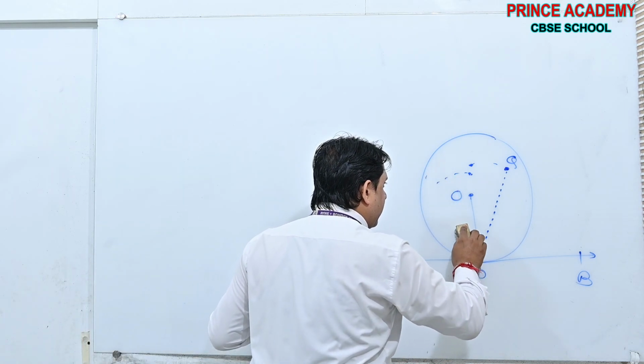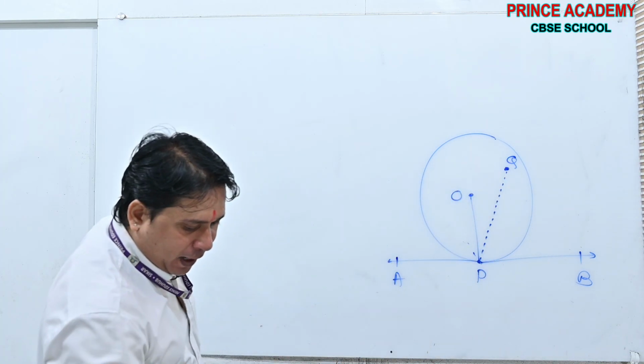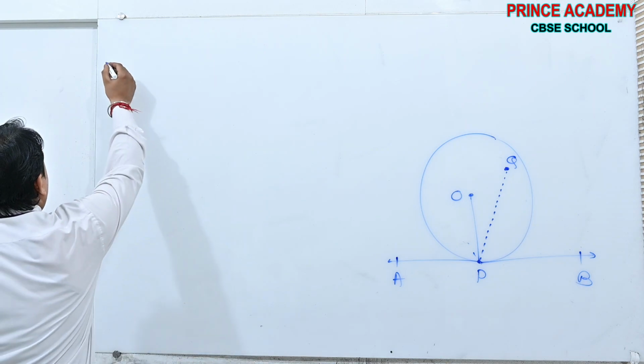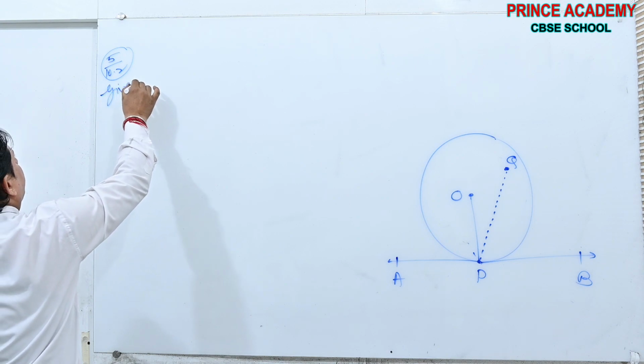Now see, what is the theorem given to prove? Then we will solve it. Question 5, exercise 10.2. So simple is the question, beta.